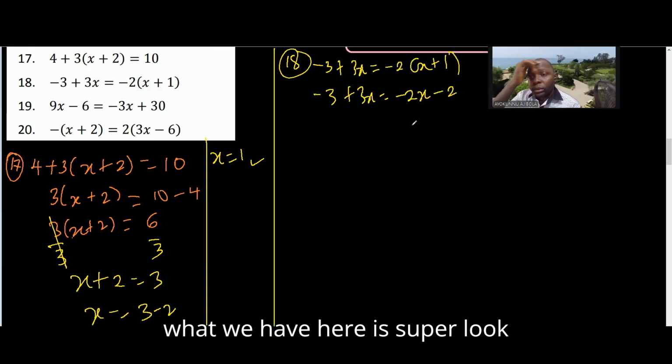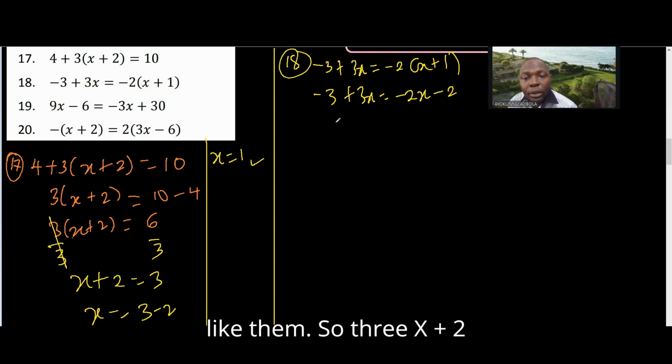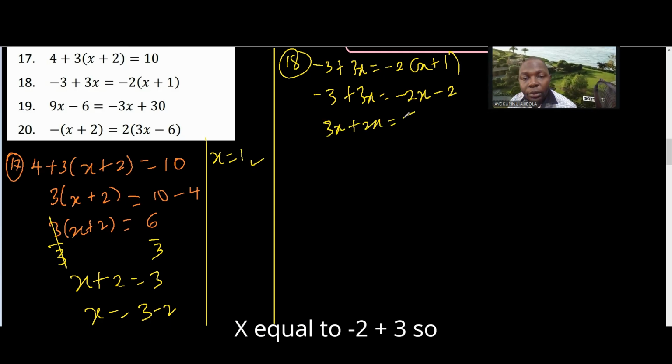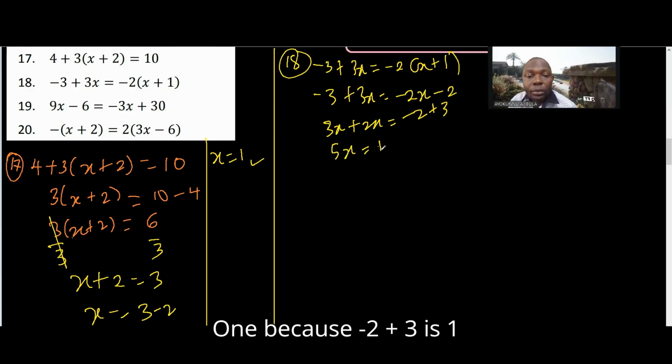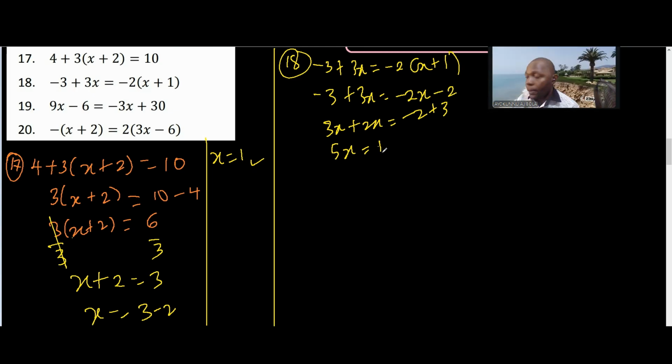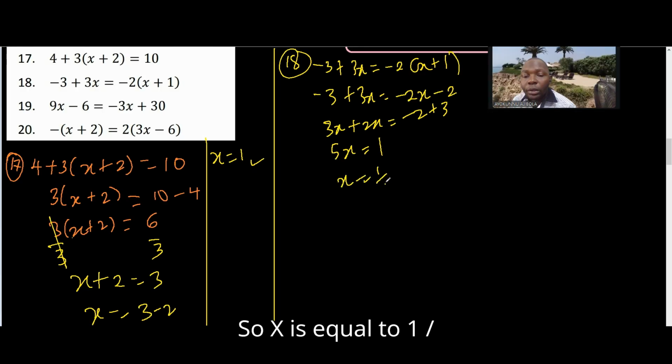So what we have here is to collect like terms. So 3x plus 2x equal to negative 2 plus 3. So 5x equal to 1 because negative 2 plus 3 is 1, okay? Yes. So x equal to 1 over 5.